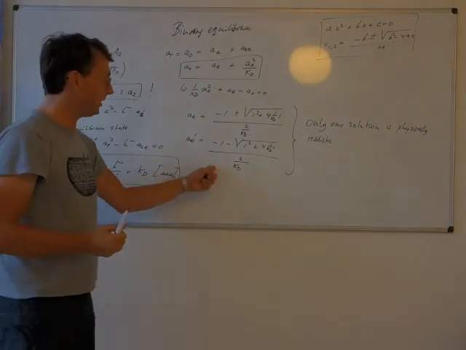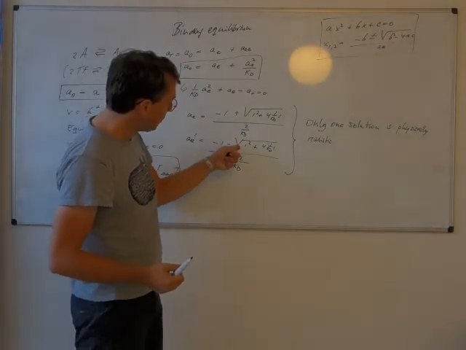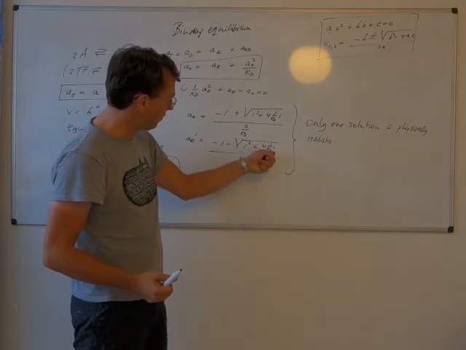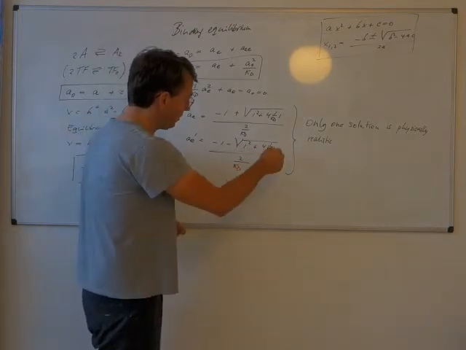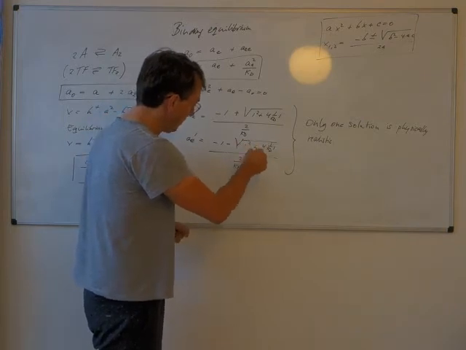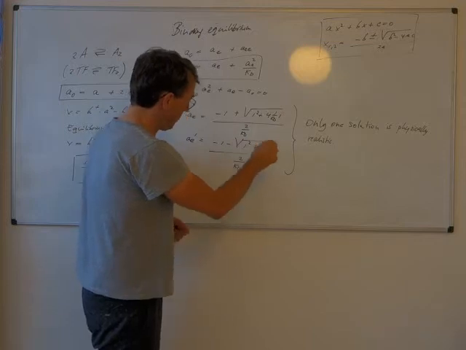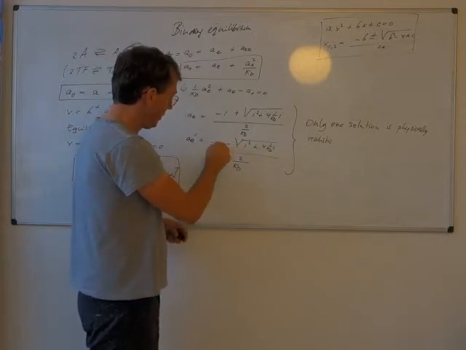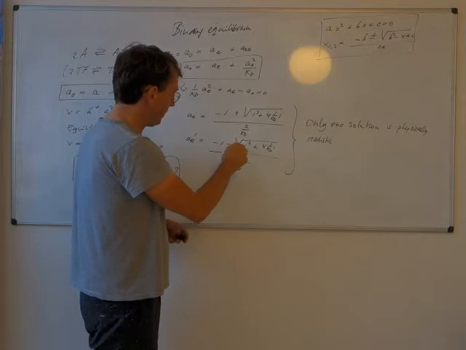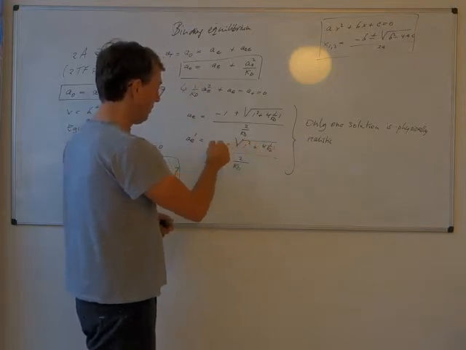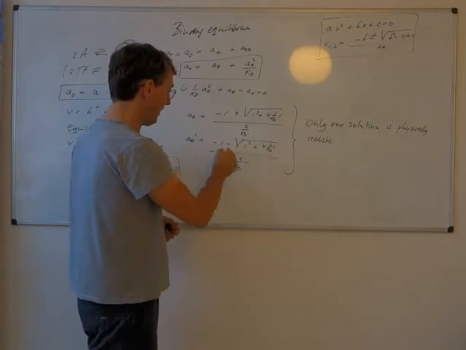Well, if you look at this one, so we have the square root of 1 squared plus 4 times 1 over Kd times A0. So this is going to be a positive number, right? So the square root of a positive number is a positive number. So you get minus 1 minus a positive number. So this numerator is going to be negative.